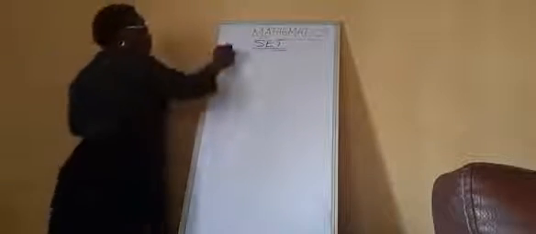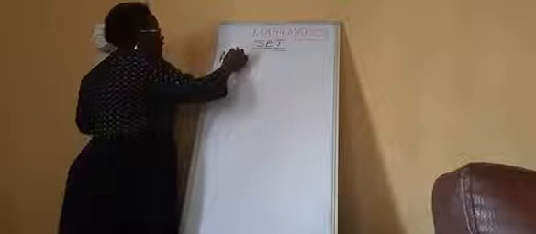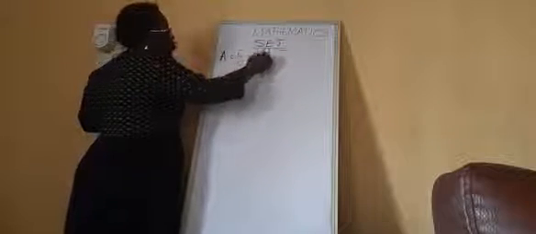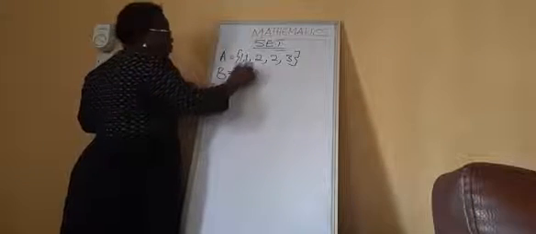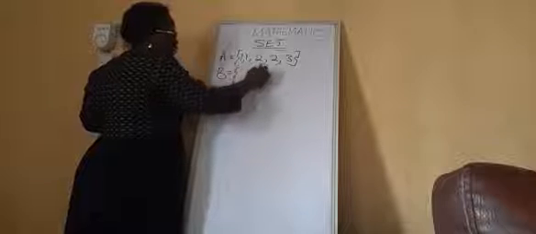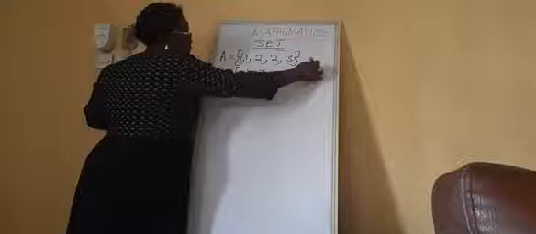When you are given a set A, and the elements to be 1, 2, 2, 3. You have another set B, the elements to be 1, 3, 4, 4, 5.